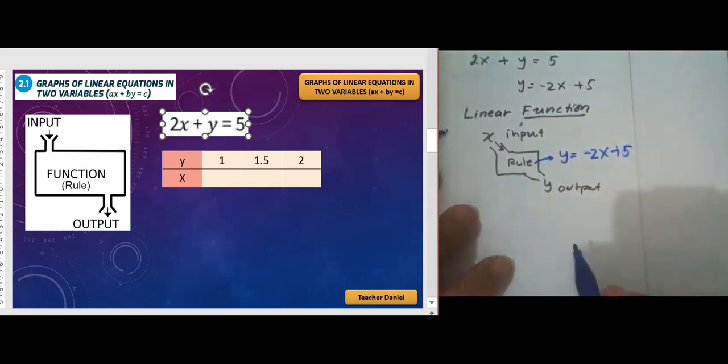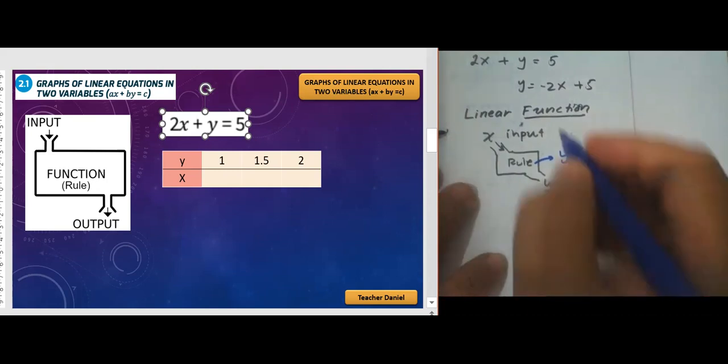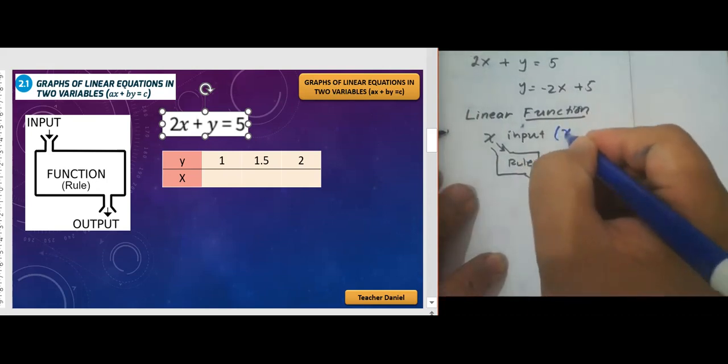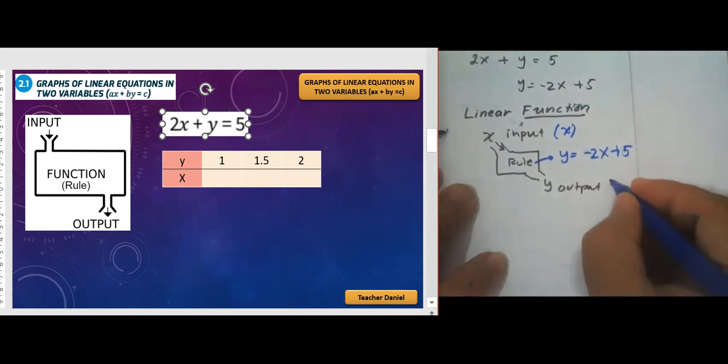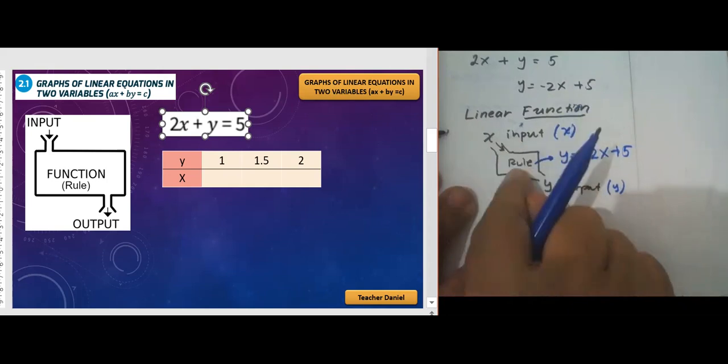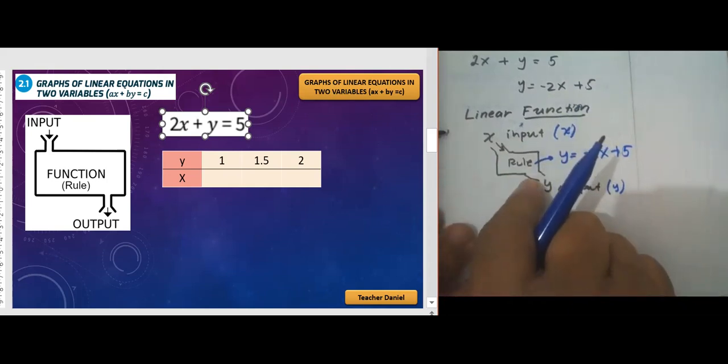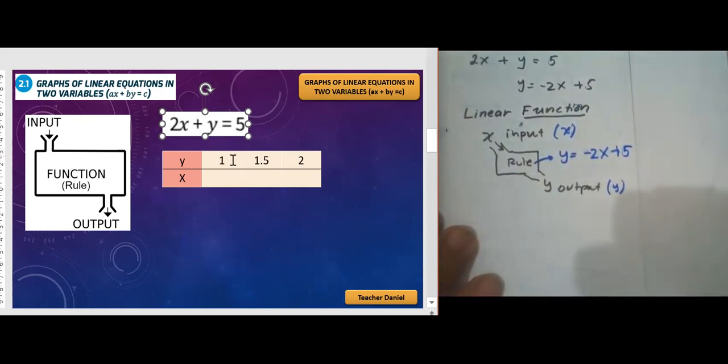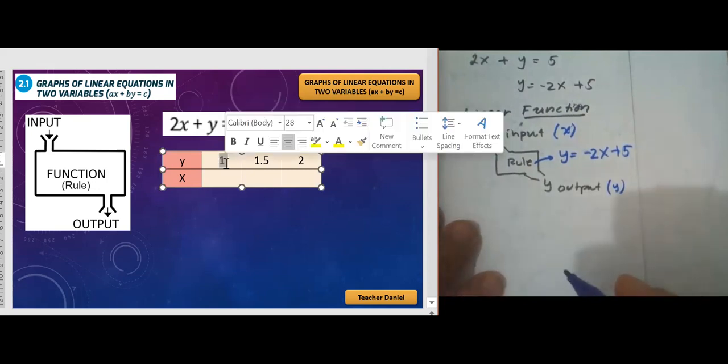What do you mean by the input? The input is the value of your x, and the output is the value of your y after you input the x. For example, what is the value if x is equal to 1?